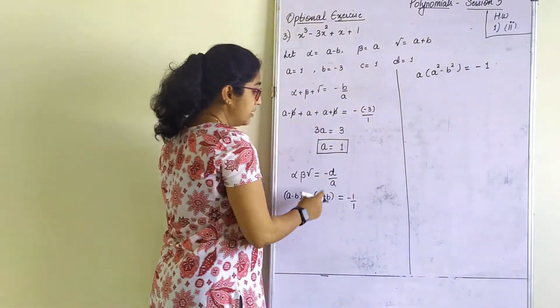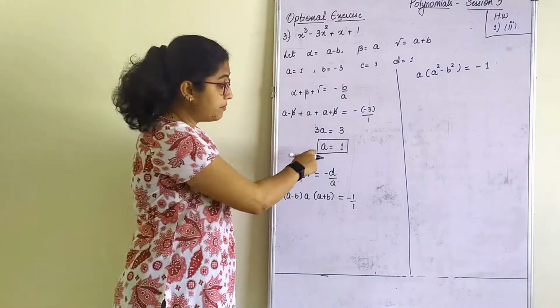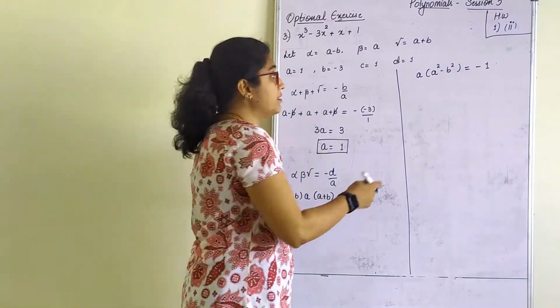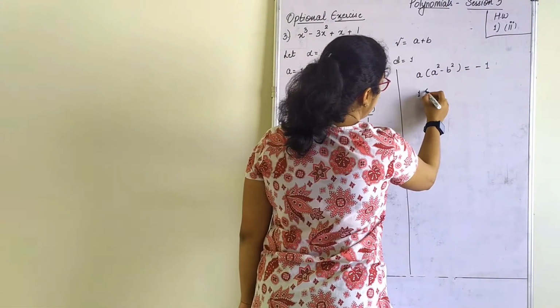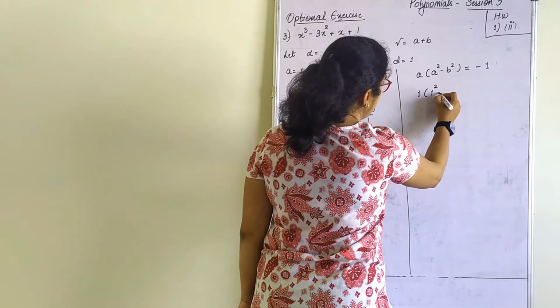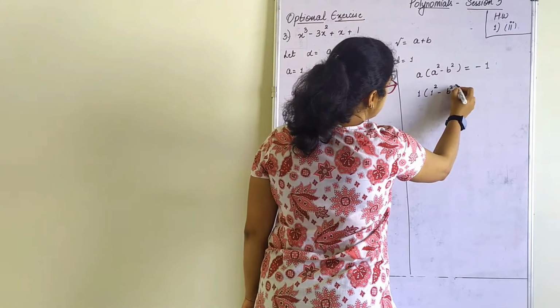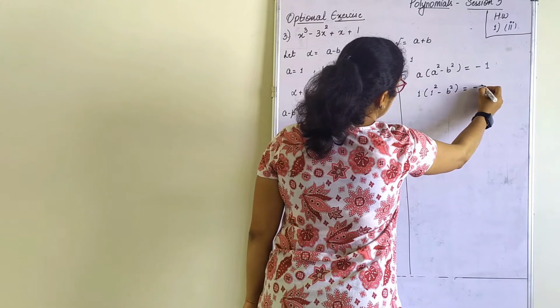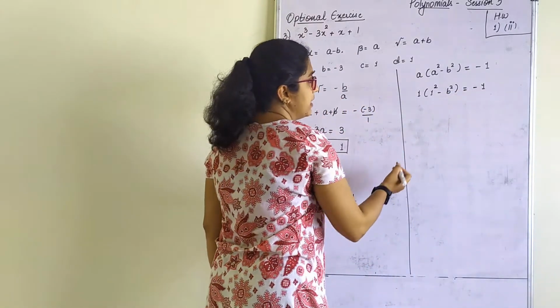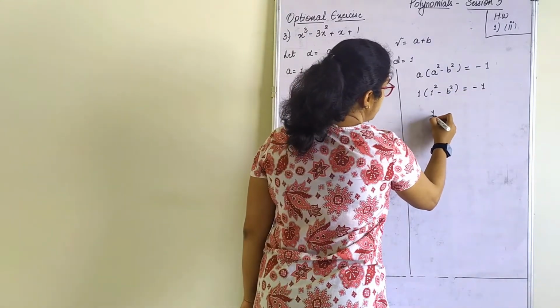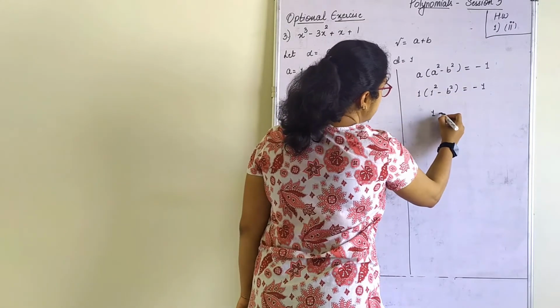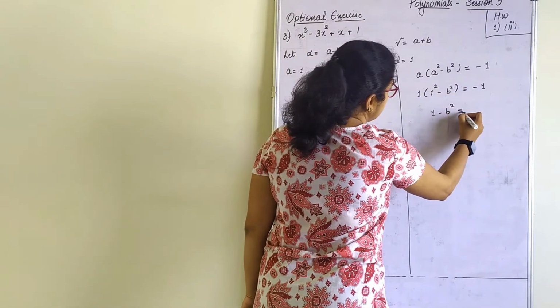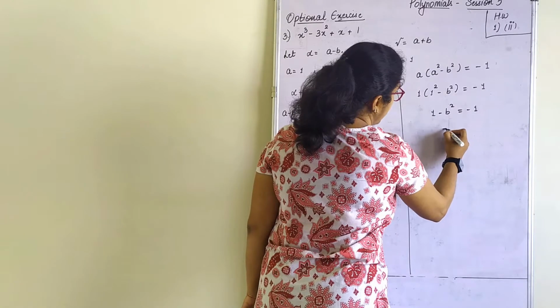Now do we know what is the value of a from the previous part? Substitute in this. So 1 square minus b square is equal to minus 1, which is nothing but 1 square is 1, 1 into 1 will be 1 only. 1 minus b square is equal to minus 1.